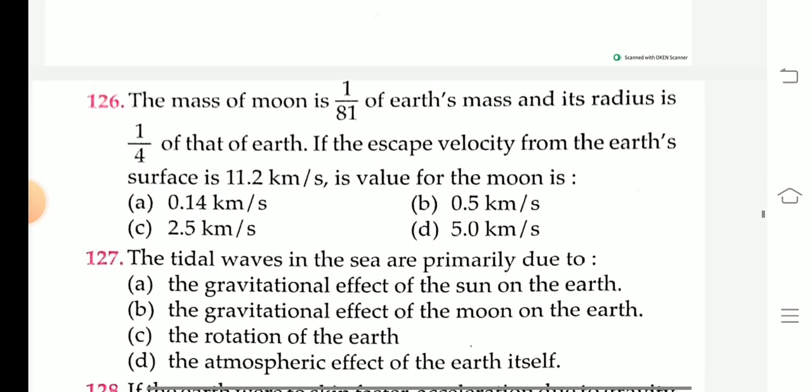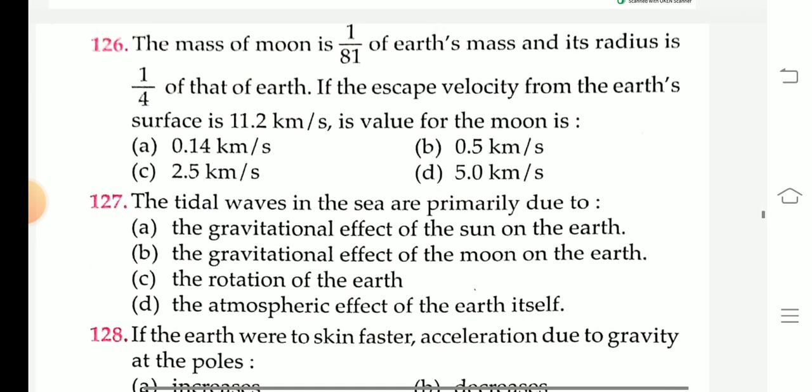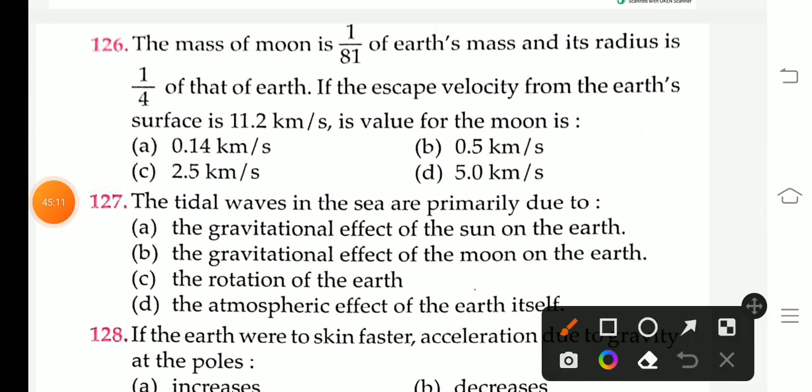Next. The mass of the moon is 1 by 81 of Earth's mass, and its radius is one fourth of that of Earth.